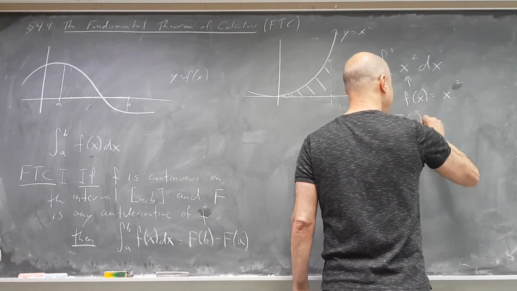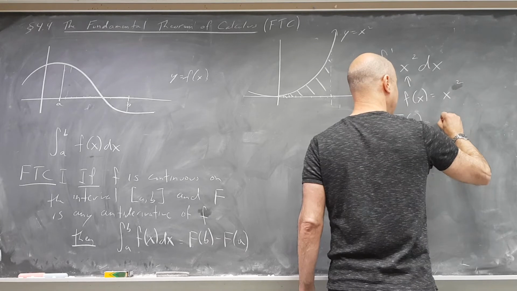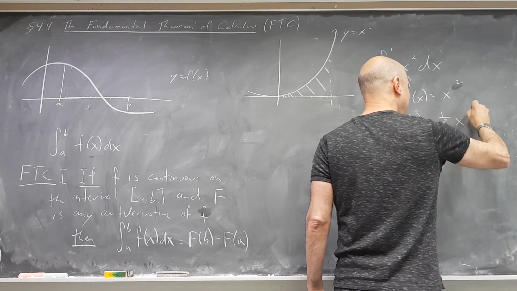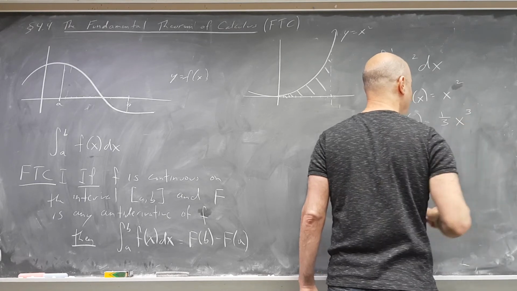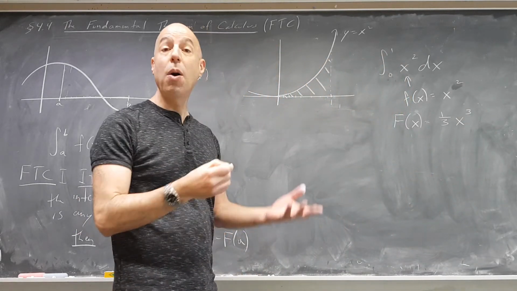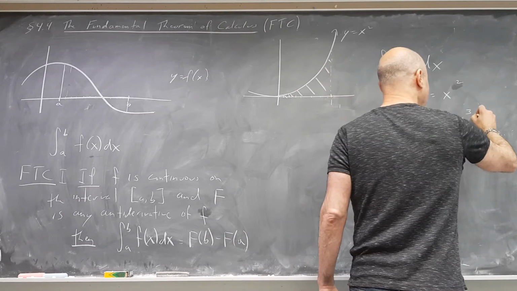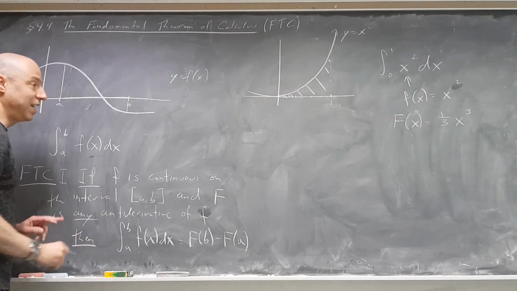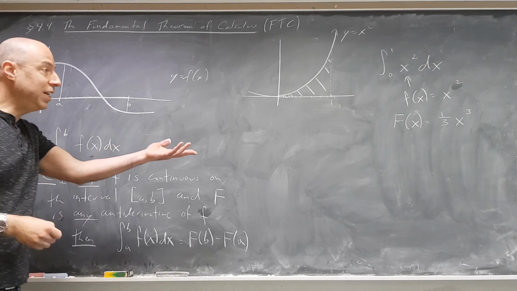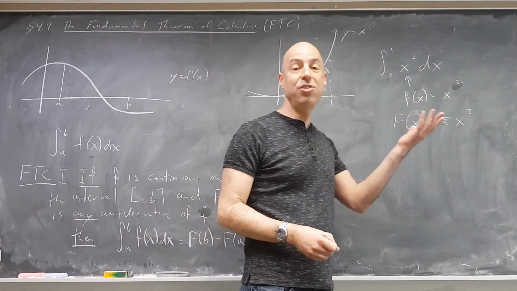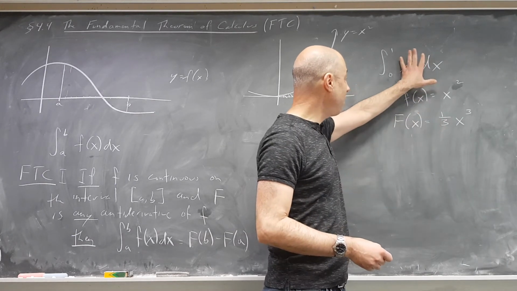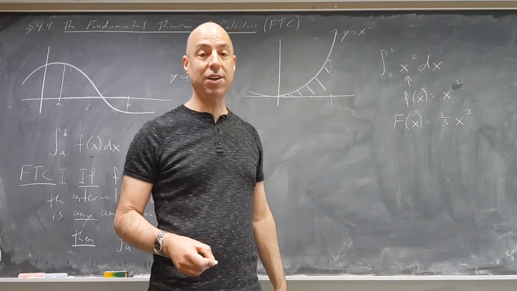So capital F of x equals 1/3, so 1 over 2 plus 1, x to the 2 plus 1. So 1/3 x cubed plus a constant. So the general antiderivative would be plus a constant. But this says any antiderivative. So I could put any constant I want after this, including 0. So when we're doing definite integrals, you don't even have to put in the plus a constant.